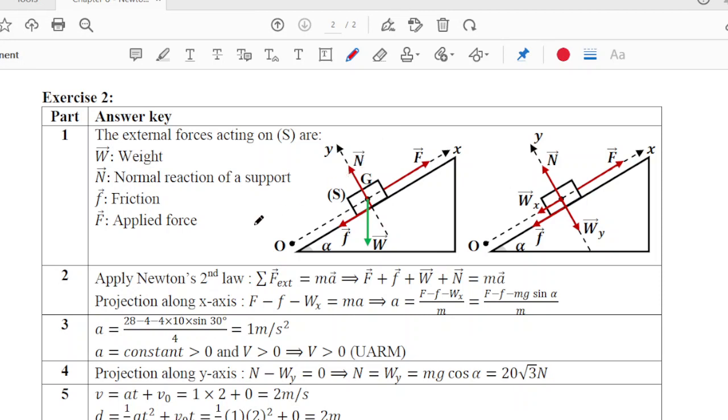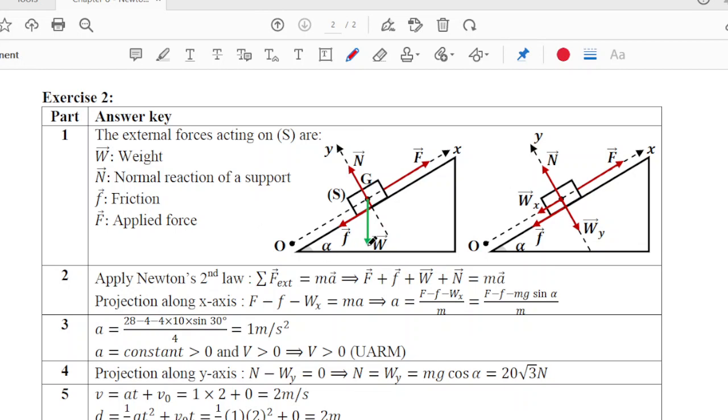As you can see, capital F, small f and N are drawn in one color and the weight in another color. Why? Because capital F, small f and N are already projected either along x or along y. Capital F and small f are directed along the x-axis, N is directed along the y-axis. The weight W is along neither x nor y, so it has two components Wx and Wy.